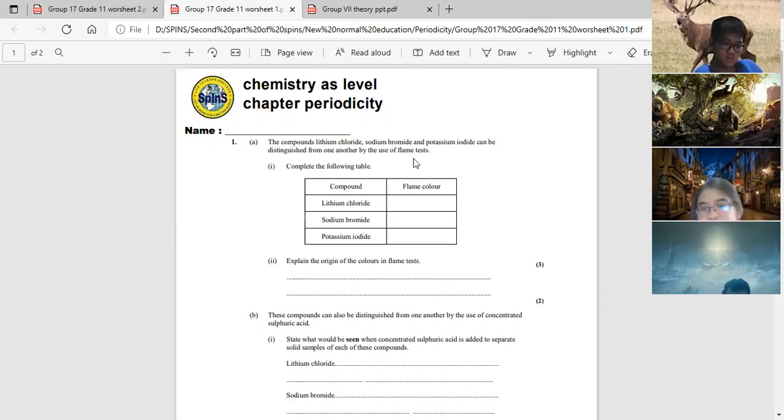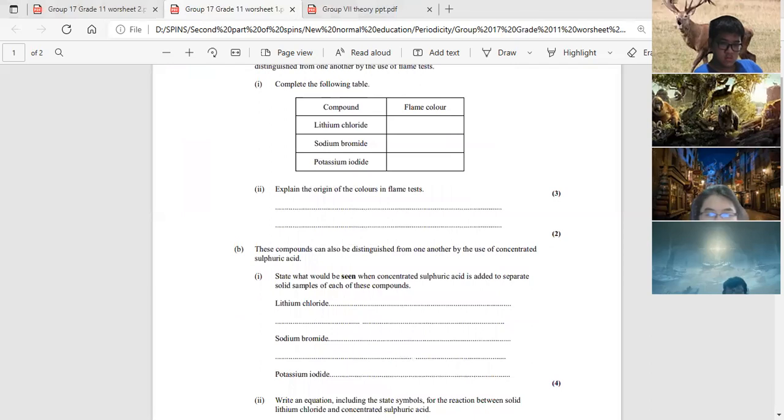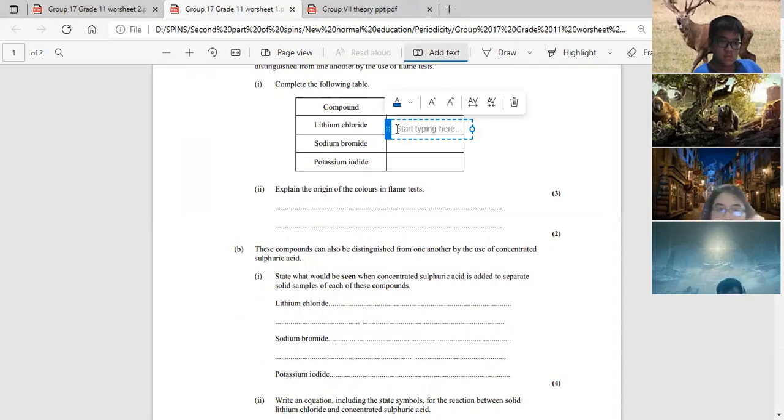So the flame test here: lithium chloride is a red flame. For sodium it is a yellow flame.